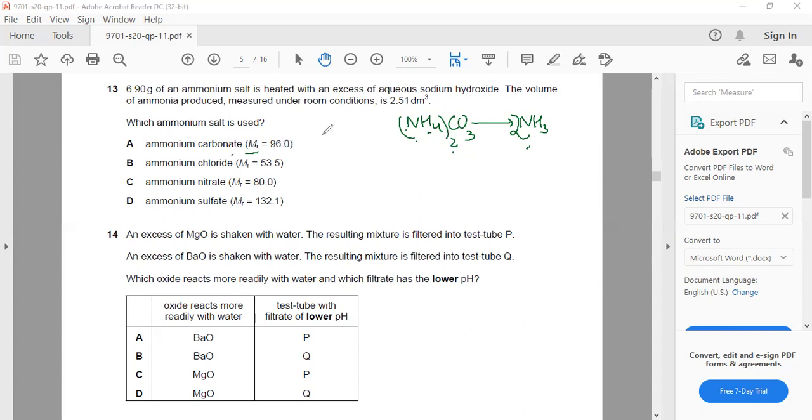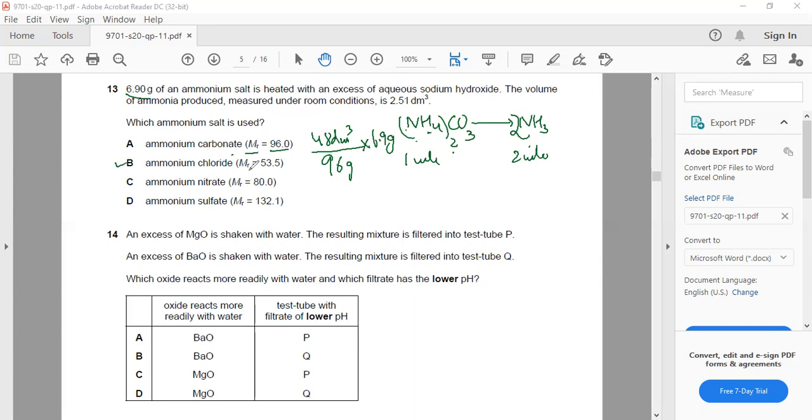So for the first one, the mass is 96 gram, and the volume is 48 dm3, 2 moles. So 96 gram produces 48 dm cube of ammonia. 6.9 gram produces how much? Likewise, you will do all.